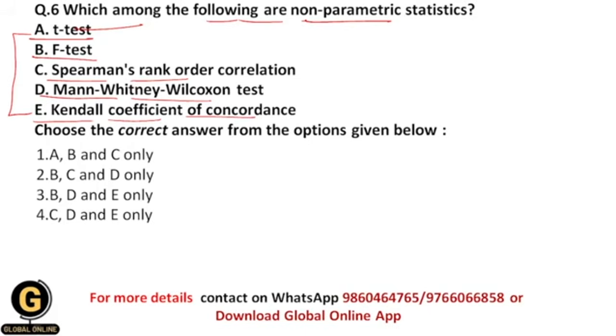Basically non-parametric test follows a distribution free population. So from this list, Spearman's rank order correlation, Mann-Whitney Wilcoxon test, and Kendall's coefficient of concordance, these are the types of non-parametric statistics. And t-test and f-test, these are the parametric tests. So now let us see exactly what are these.